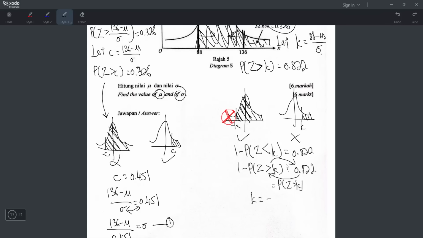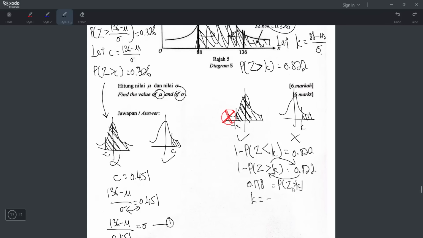And now you can read the table already. Now it's P(Z bigger than positive k) already, right? But your answer will come out negative later. Let me explain why you cannot directly read the table before this: it is because your K is negative. If it's Z bigger negative, you can't read the table. Only when it's Z bigger positive can you read it.